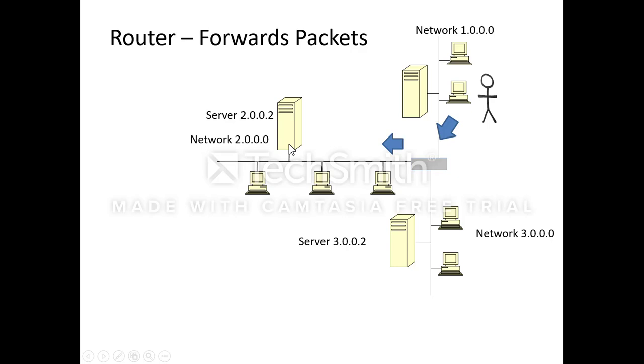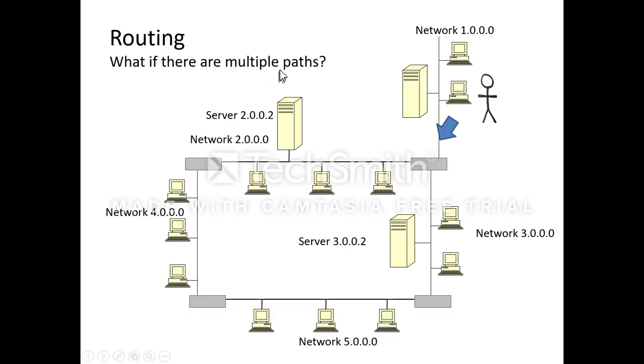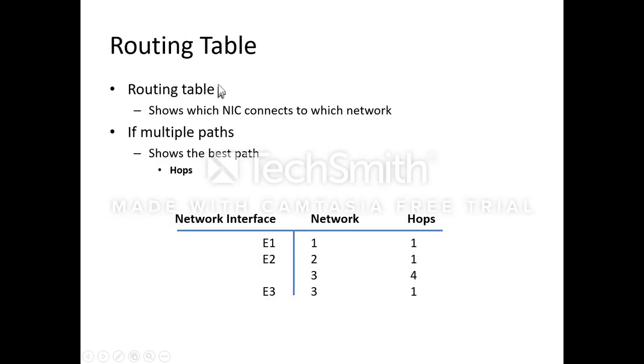So a router forwards packets to the destination computer, but what if there are multiple paths? How does the router know the best path from this computer to this computer? Because there are 2 ways to go, and the answer is, again, the routing table. The routing table shows which network interface card connects to which network, and if there are multiple paths, it shows the shortest path based on hops.